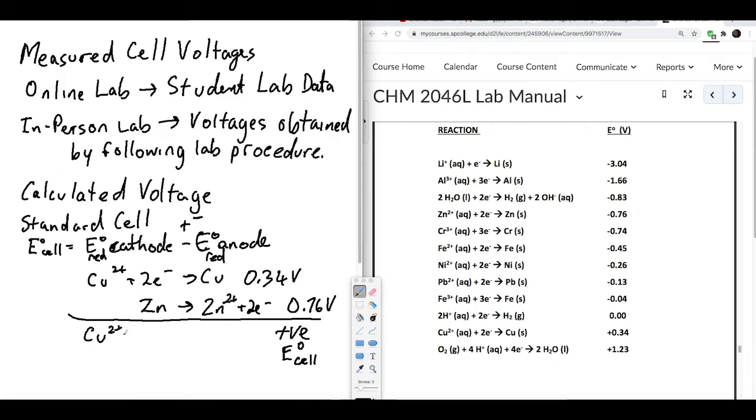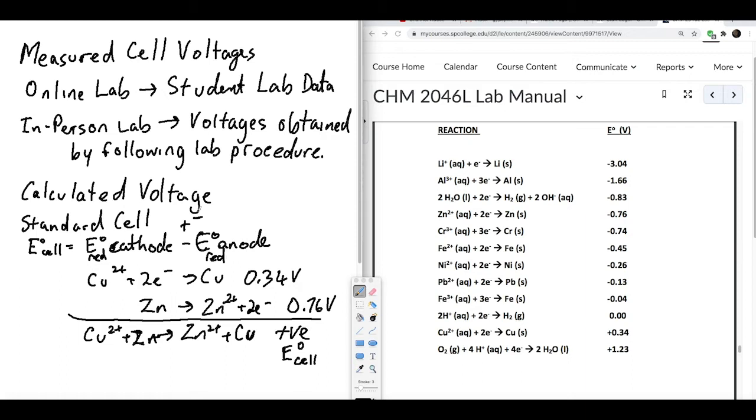The total reaction there is going to be this: Cu2+ plus zinc gives Zn2+ plus copper. And the way that we'll get the E naught cell value is simply by adding these two voltages together, and this will be the calculated voltage for our standard cell.